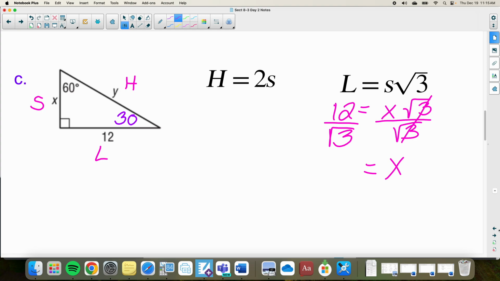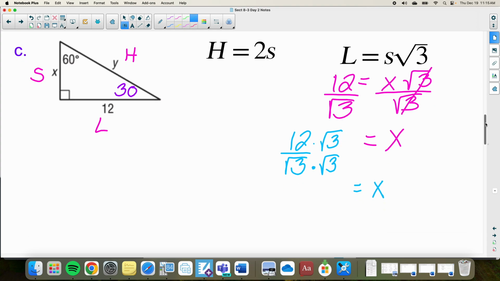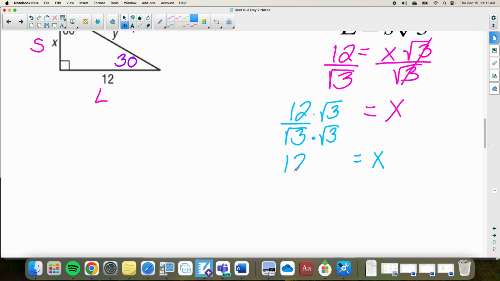Okay, I'll do the rationalizing if you want to do it, and then we'll type it into our calculator. Either way works. So if you're rationalizing, you're going to multiply the bottom by √3. Okay, and what you would get then on top would be 12 √3. What's √3 times √3? 3.